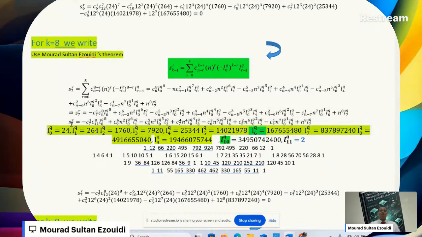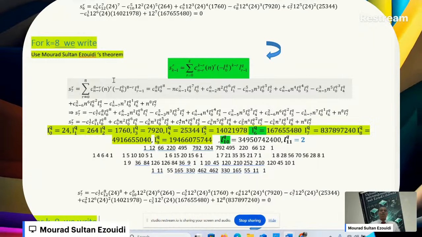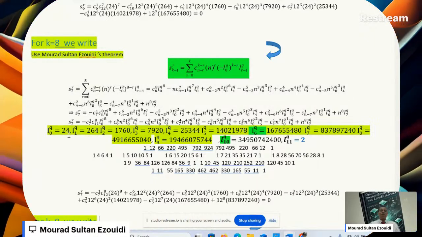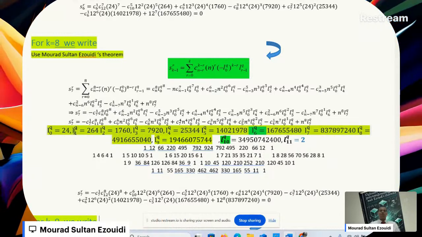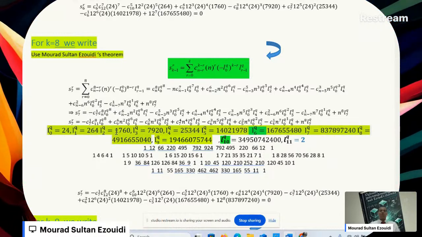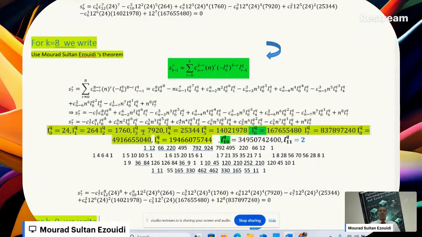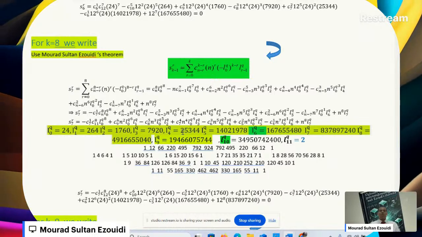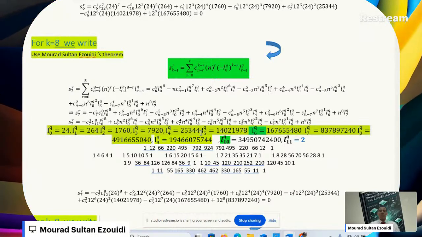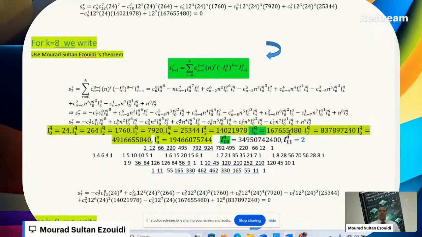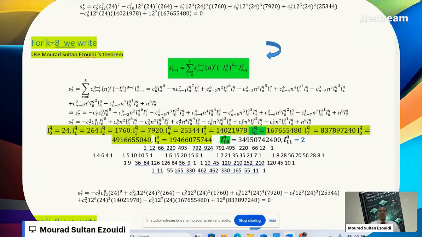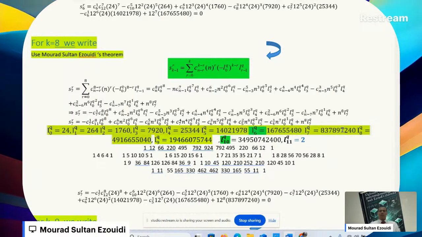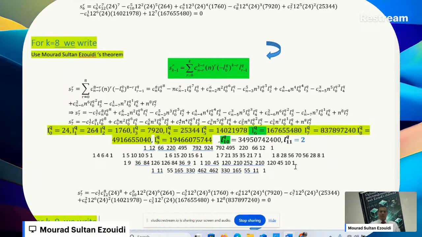I will use this formula when expanding the main theorem, and I'm going to substitute a0 with 24 and a1 with its value, and a2 with 1760, and a3 with 7920, and then a4 with 25, with 45, 44, up to a7. And a7 is going to be equal to 837,897,250.